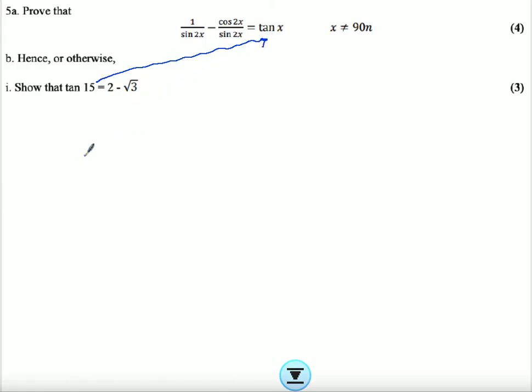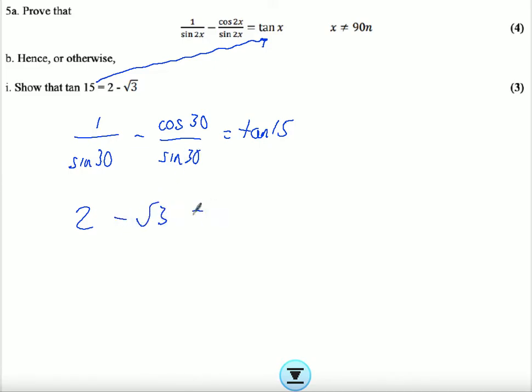So 1 over sine 30 subtract cos 30 over sine 30 equals tan 15. 1 over sine 30 is 2, and cos 30 over sine 30 is root 3. Done. Seems very reasonable for 3 marks.